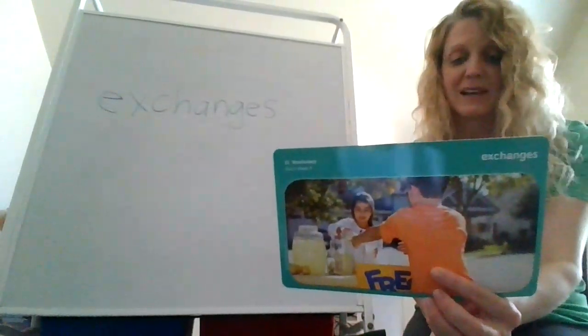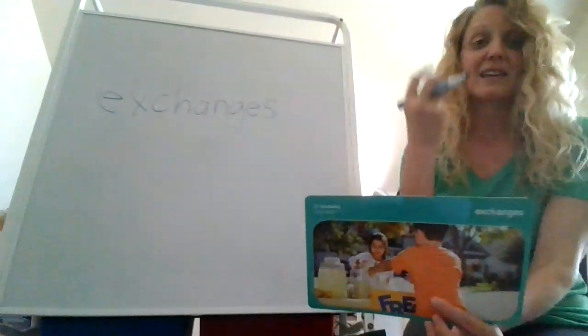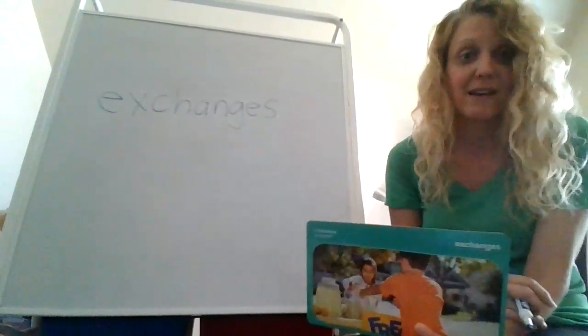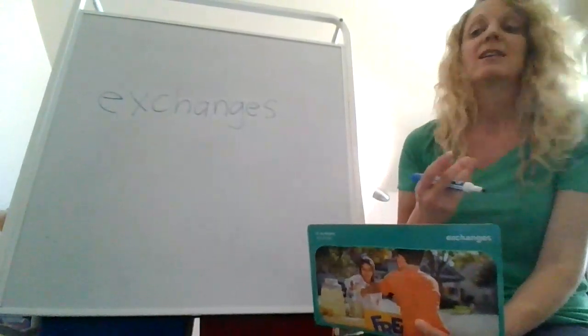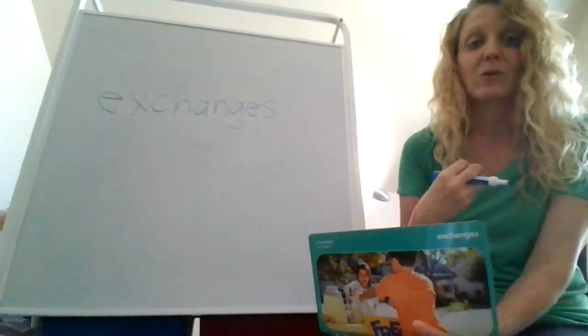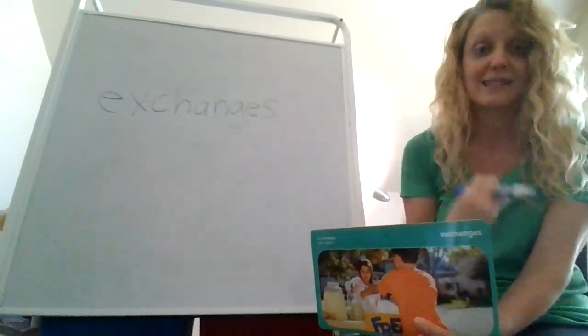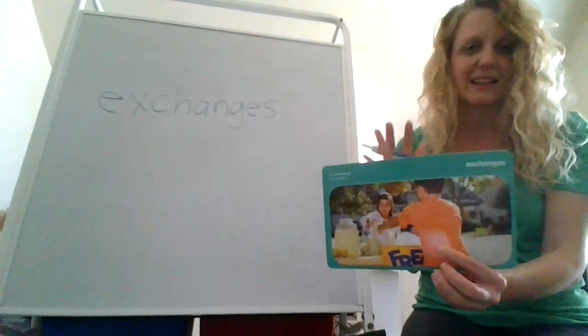So exchanges means that you give one thing and then you get something else back. So this happens every time you go to the store. If you wanted to buy an apple at Kroger, you give them money, they give you an apple. So you give money, but you get something else back. So exchange just kind of means you're trading things.